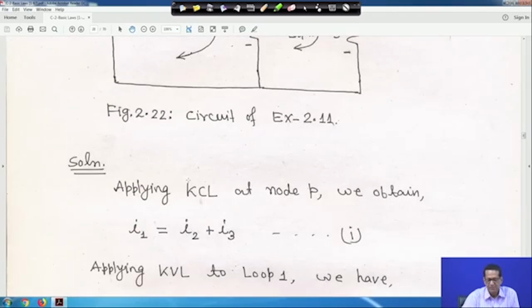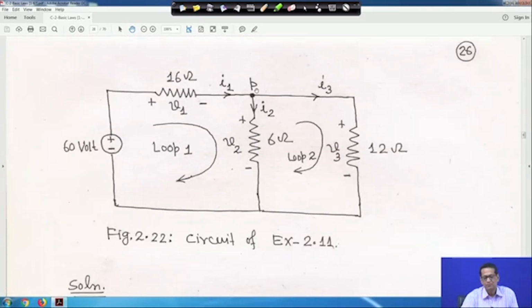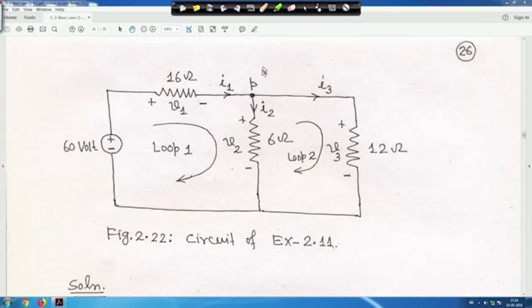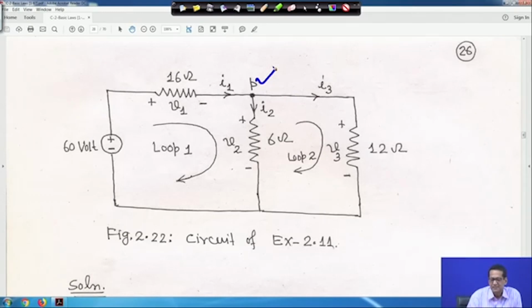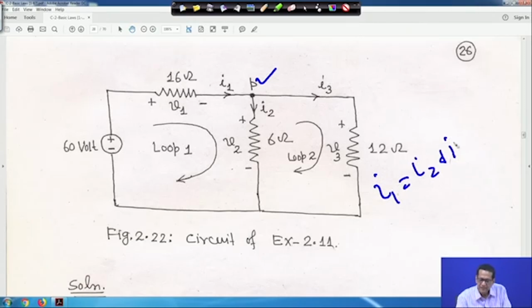So now apply KCL at node P. Here I1 is entering point P and I2, I3 are leaving point P. That means I1 is equal to I2 plus I3, that is KCL.